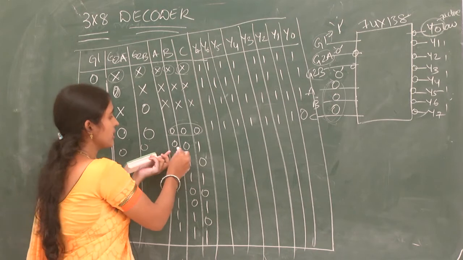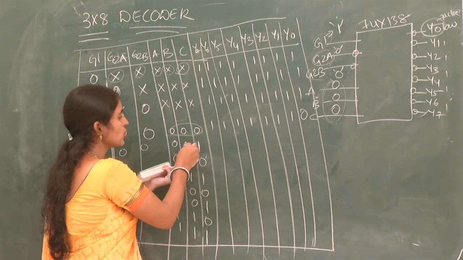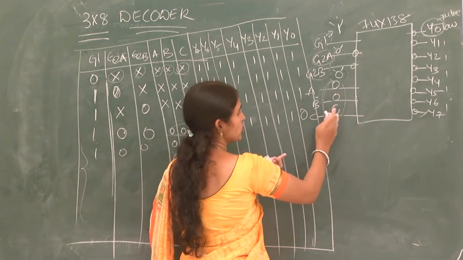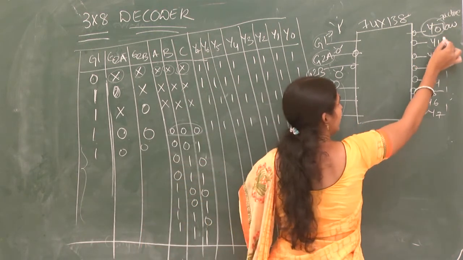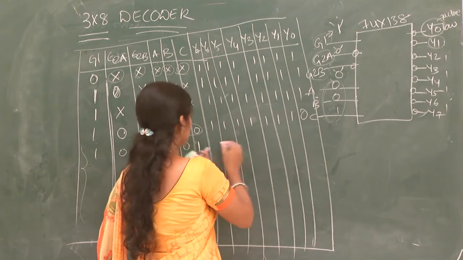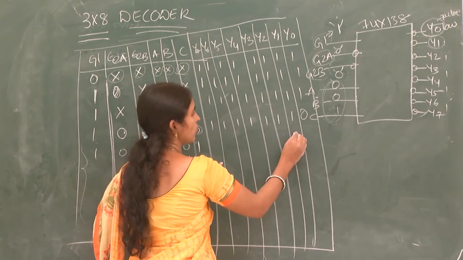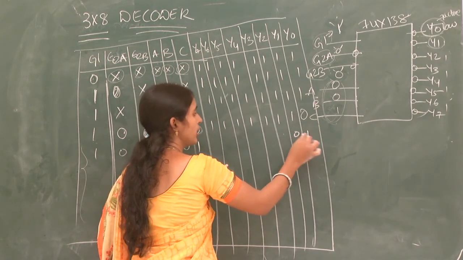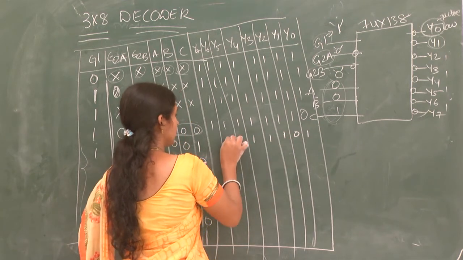At the same time, 0, 0, 1 indicates that Y1 will be in active low state and all remaining outputs will be in active high state. So only Y1 will be 0 and the remaining will be 1.